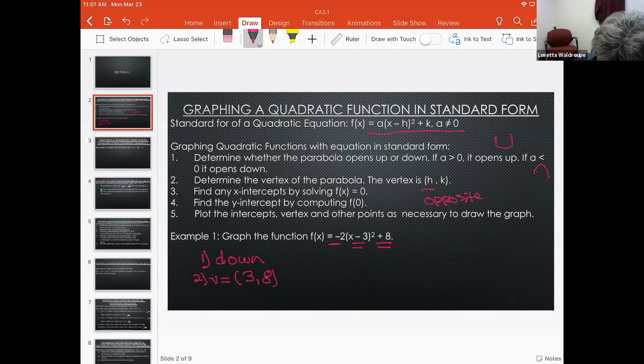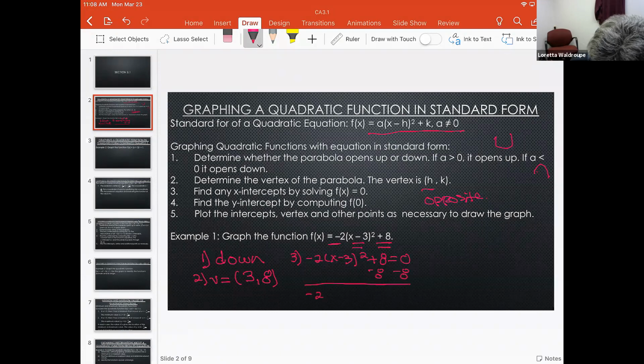So for 3, I take the equation and I set it equal to 0. That's how we're going to find the x-intercepts. So to solve this, what do you want to move first? I'm going to move the 8 first.